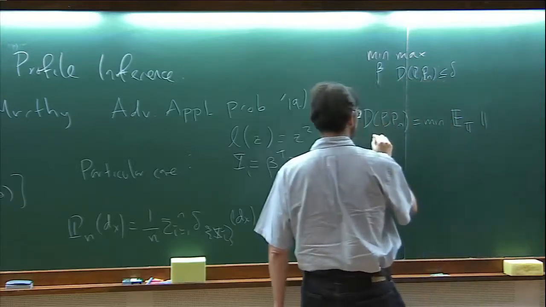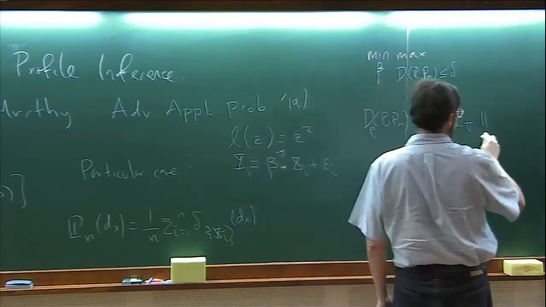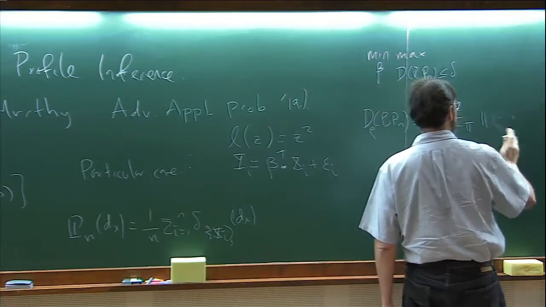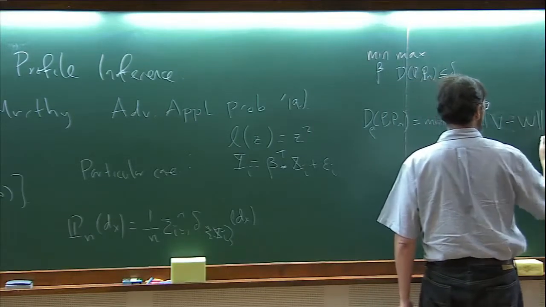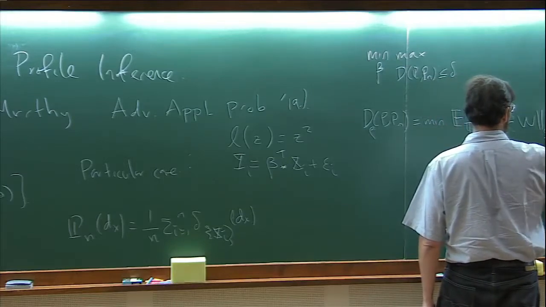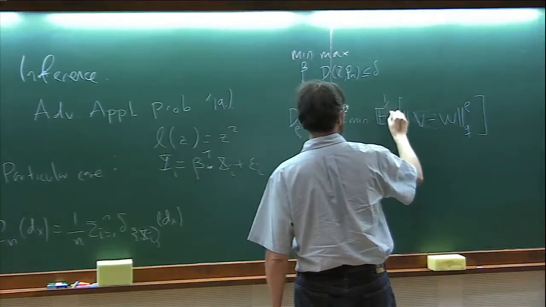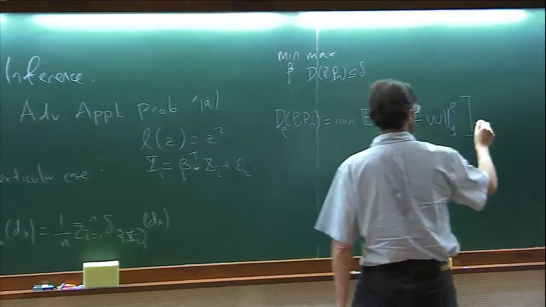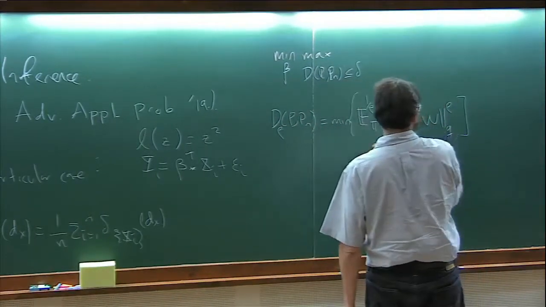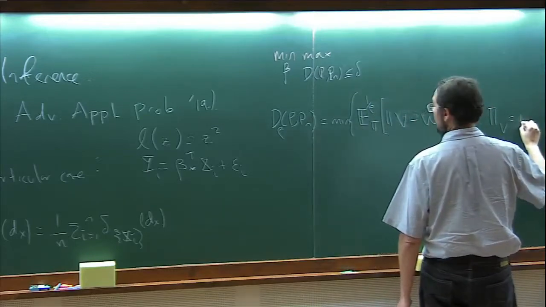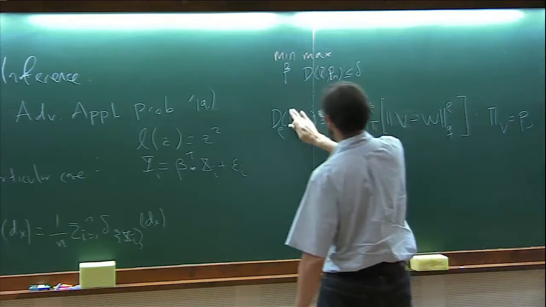so I'm going to write here rho. I'm going to use mu and nu here.